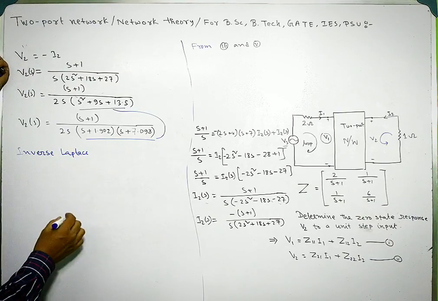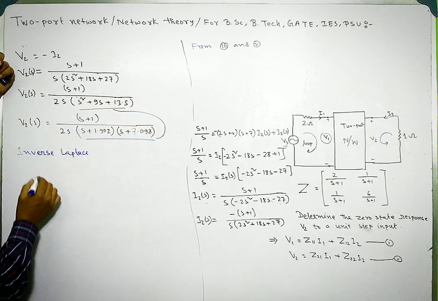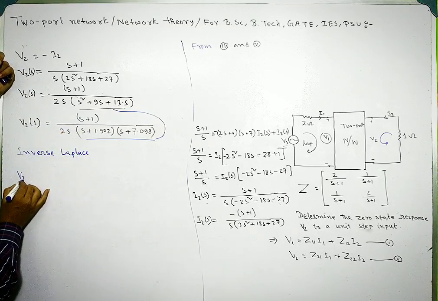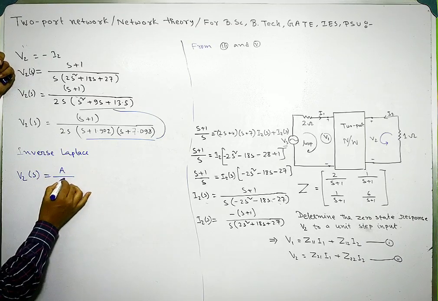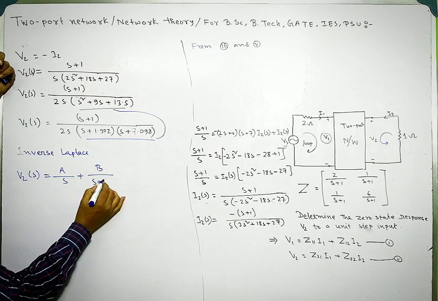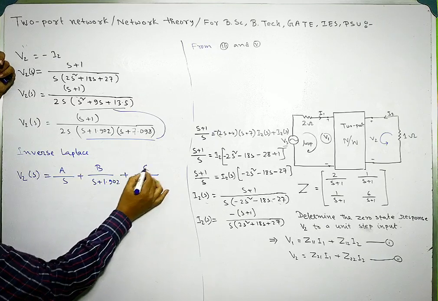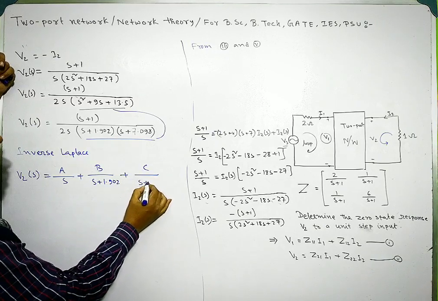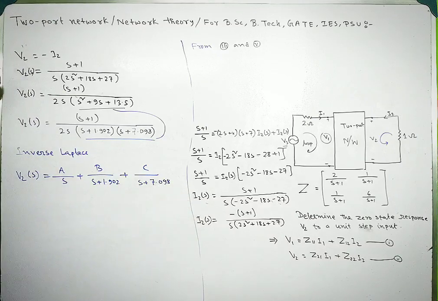So V2(s) can be written as A/s plus B/(s plus 1.902) plus C/(s plus 7.098).